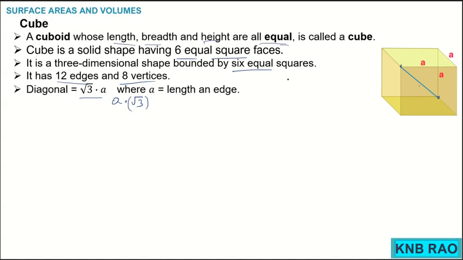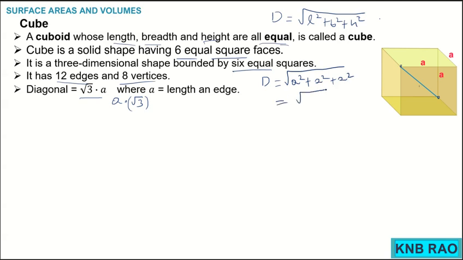You already know the diagonal of a cuboid is root under L square plus B square plus H square. Where length, breadth and height of a cuboid are equal, and they are substituted by A units instead of L, B, H, it becomes root under A square plus A square plus A square.